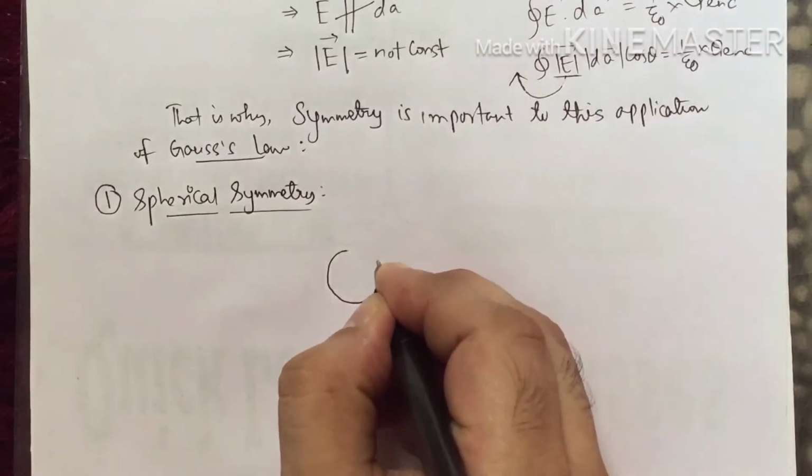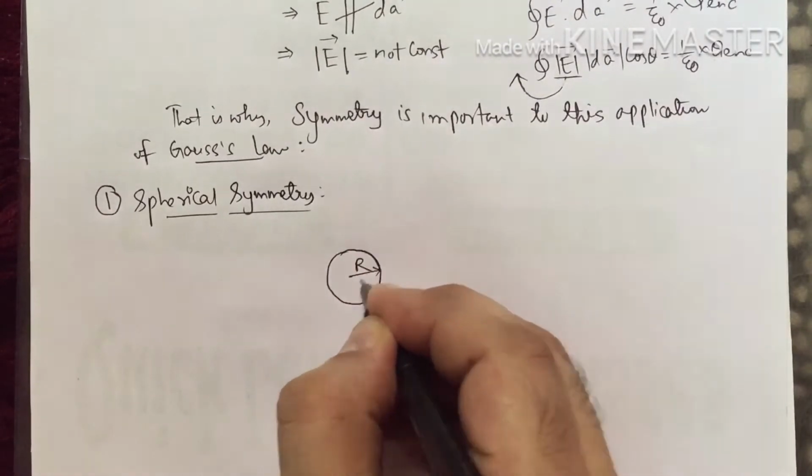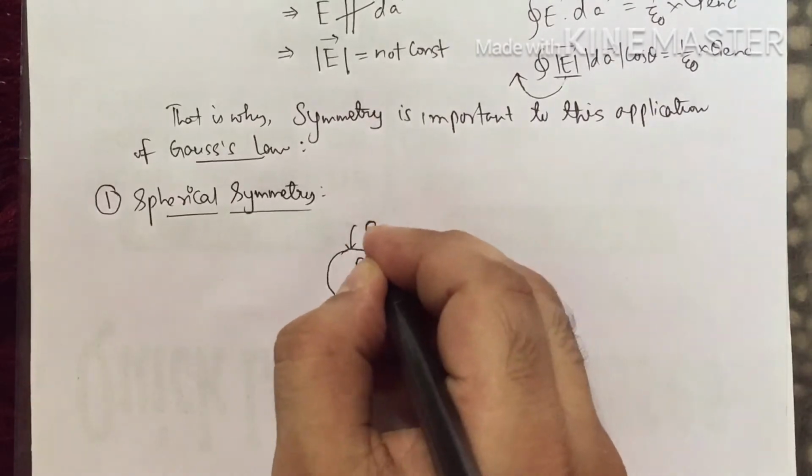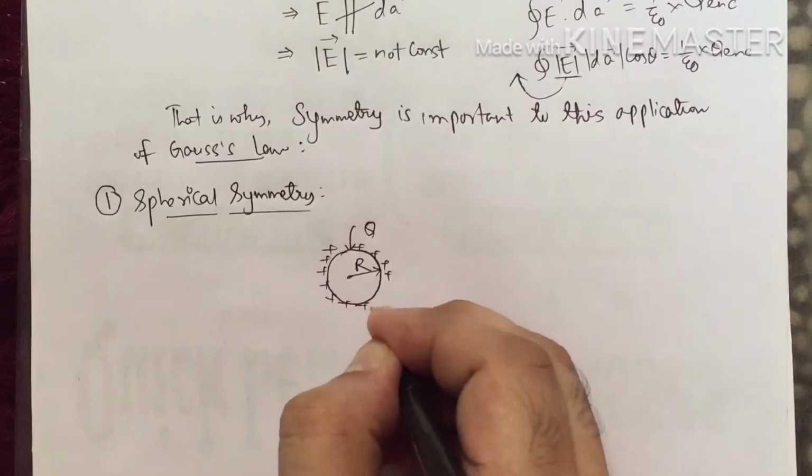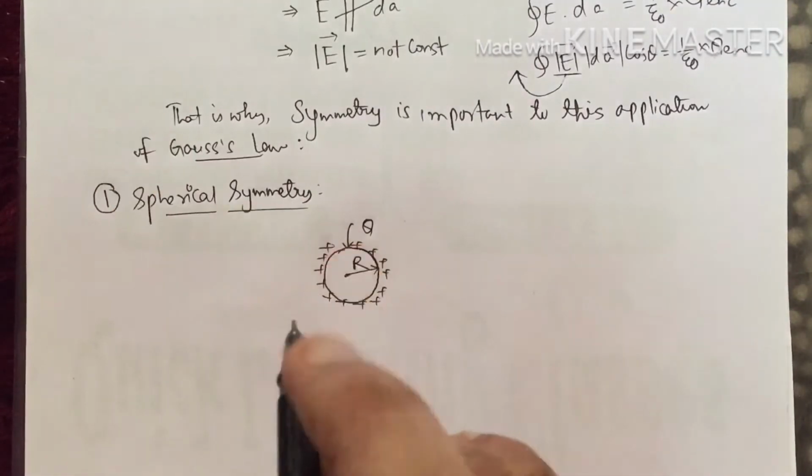Consider a sphere of radius r such that the charges are distributed on its surface, or it is distributed in the entire volume.